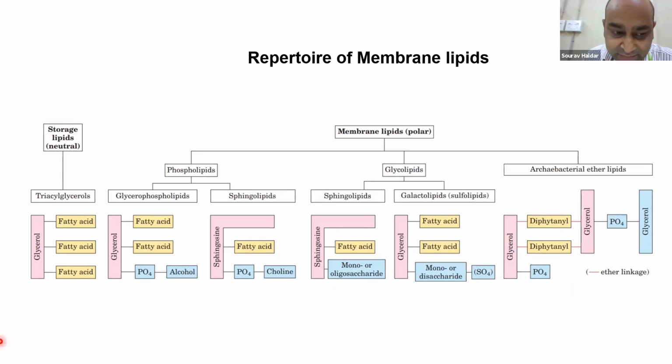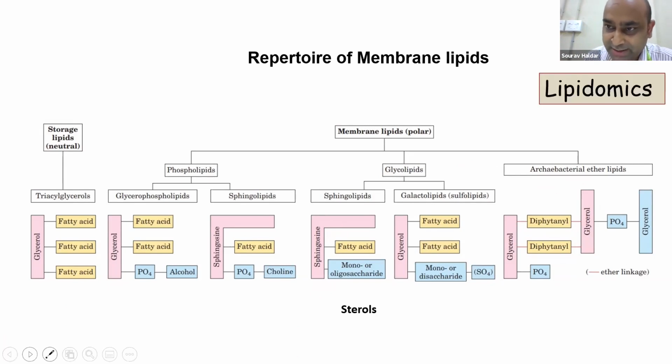There is another class of lipids, mostly called neutral lipids, and these are known as sterols. Now sterols, as you might know, have a very different structure compared to either glycolipids or sphingolipids, but they still have a polar part and a non-polar part.